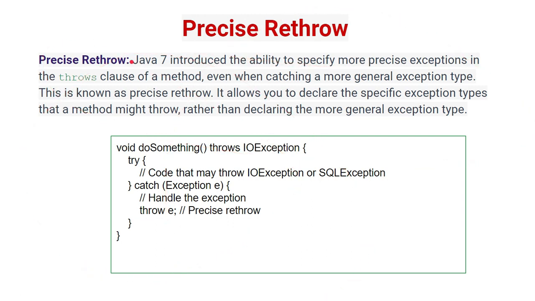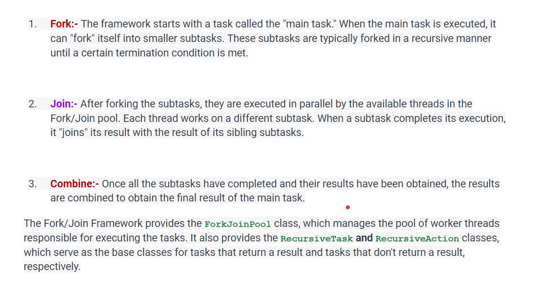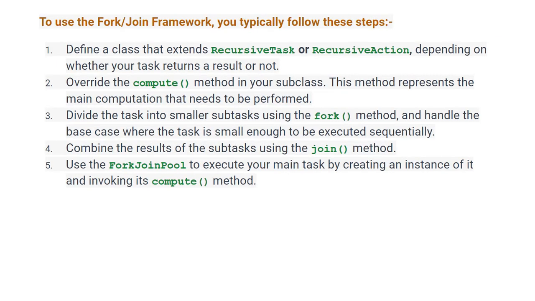Okay, fork and join framework. These are methods that are very beneficial when working in a multi-threading environment. This is fork, join, combine, these are the important methods, we can discuss them. To use the fork join framework, you typically use these steps. Define a class that extends RecursiveTask or RecursiveAction, depending on whether your task returns a result or not.